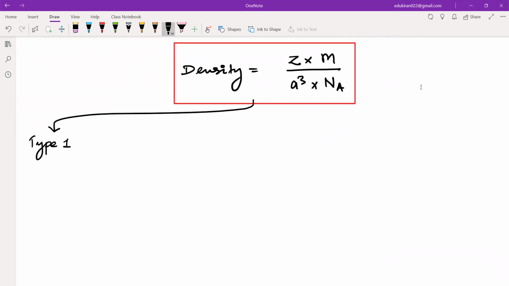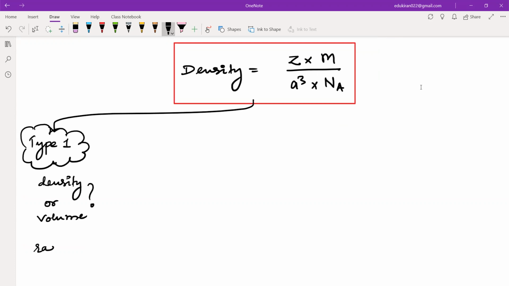In this type of question, they will be giving you the radius. They will be asking you to calculate the density or volume, either density or volume, one thing they will ask. And the things that they will give you is either the radius, or something related to radius but not the edge. So they will not give you the a cube.